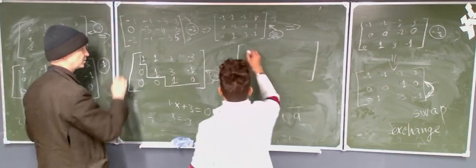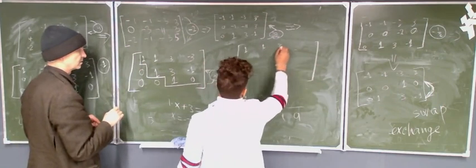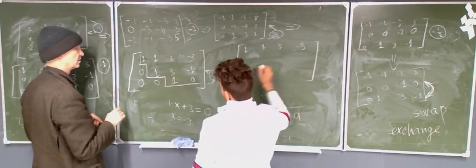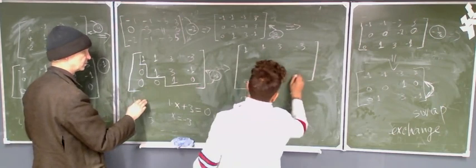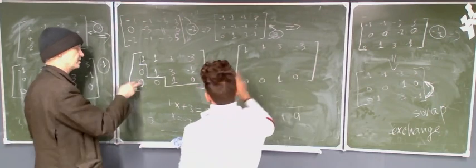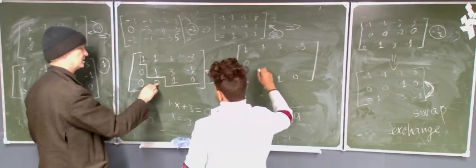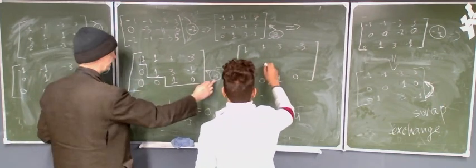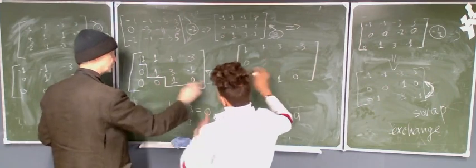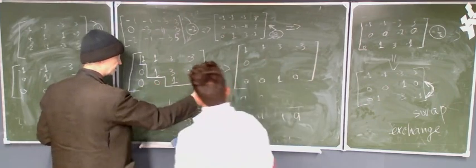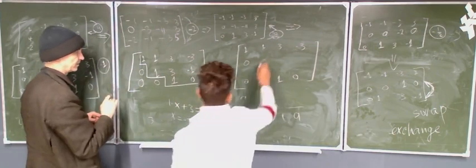This row is not changed. 0, 0, 0, 1, 0. And this row will be changed. 0, 0, 0. Then this number is multiplied by this number, then the result is added to this 1. 1, yes.